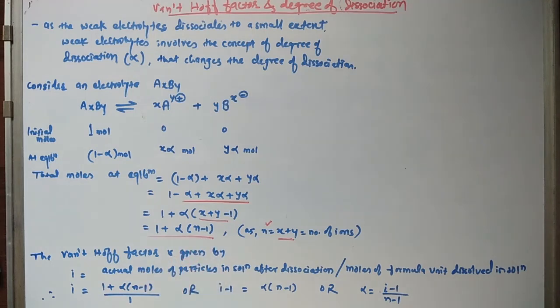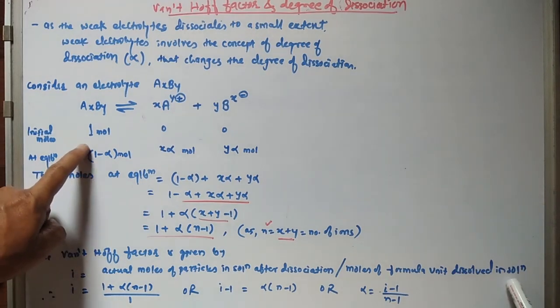Now according to the definition of the Van 't Hoff factor, the Van 't Hoff factor is equal to actual moles of particles in the solution after dissociation divided by moles of formula unit dissolved in solution, which is 1 mole.